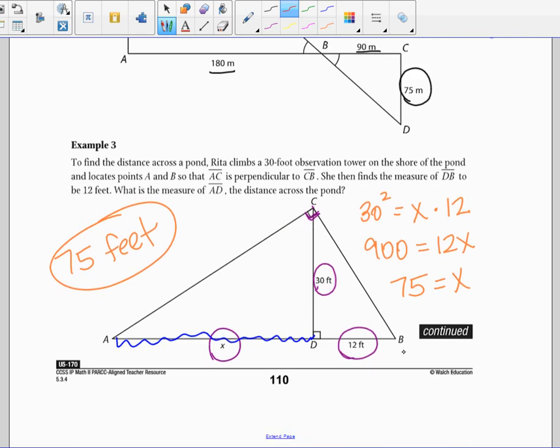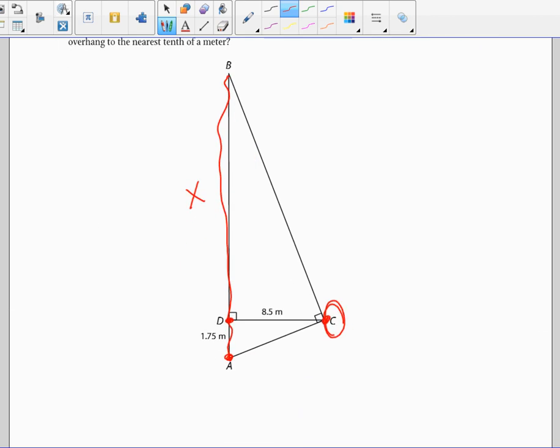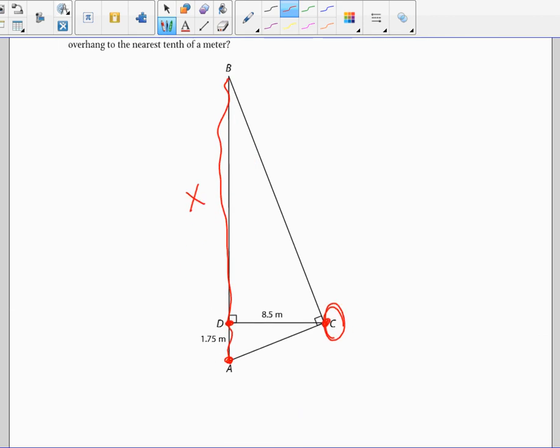Altitude squared equals left times right. So in this case, you're going to do the same thing, except your left and right are flipped. It's going to be kind of up and down since they rotated the triangle. So you end up with 8.5 squared equals left times 1.75, which is your right. So we end up with 72.25 equals 1.75x.